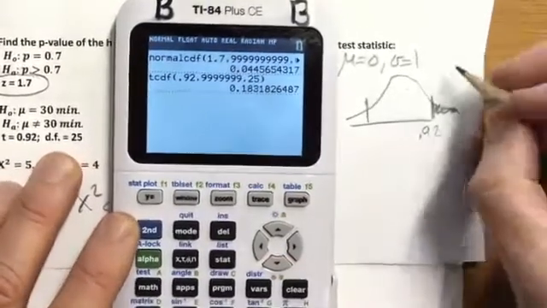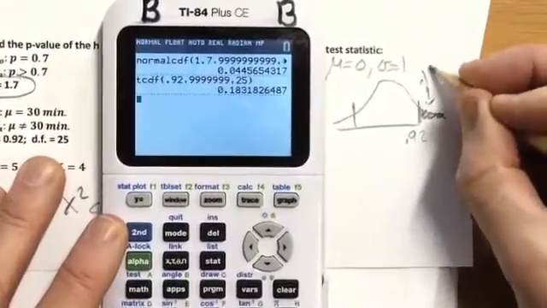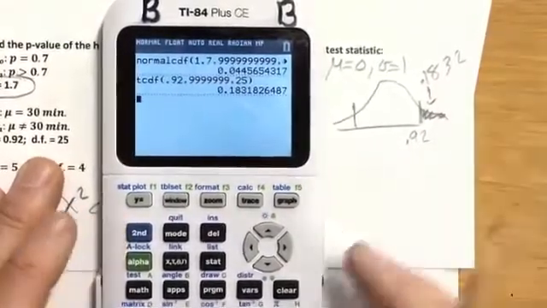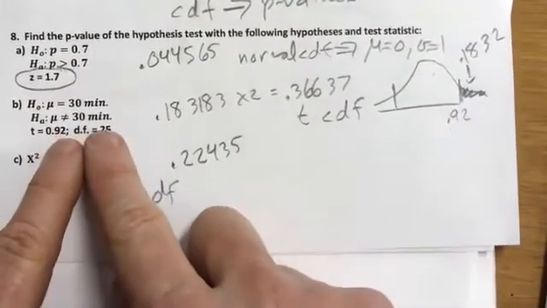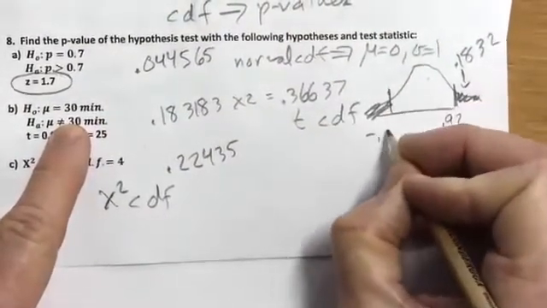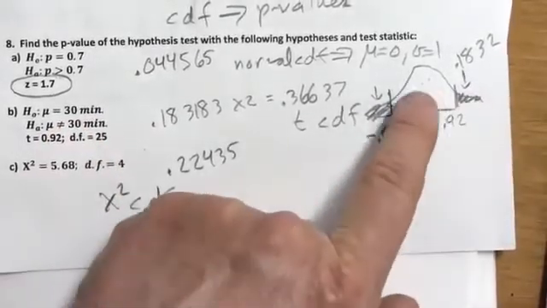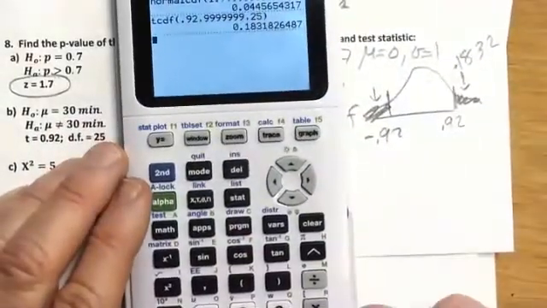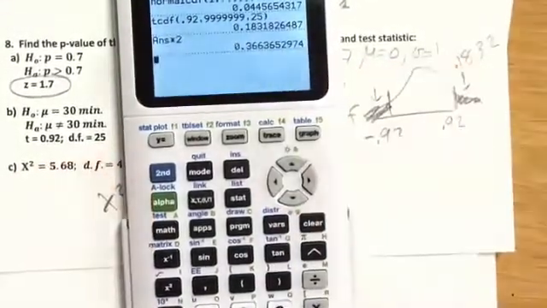So that 0.18, that is that area. But since it's a two-sided test, it's not just that big or bigger, it's also that smaller. It's also the negative 0.92 or smaller, which since it's perfectly symmetrical, has the same area. So our p-value is going to be times 2. That's why we call it a two-sided test. So our p-value would be that, okay?